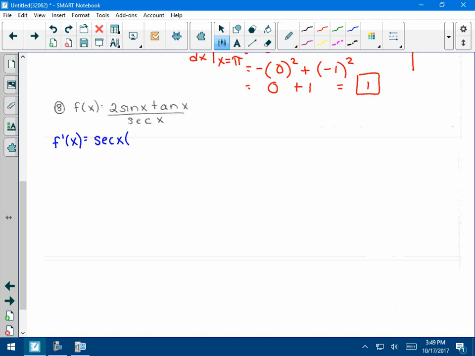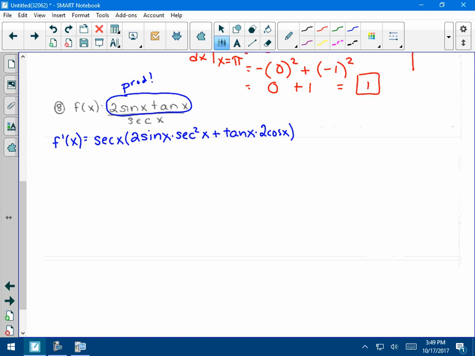Now the top's annoying. What's the derivative of the top? Product rule. So to get the derivative of the top, I got to say the first, 2 sine of x, times the derivative of the second. Derivative of tangent is secant squared of x, plus the second, which is tan of x, times the derivative of the first, and derivative of 2 sine of x is 2 cosine of x.